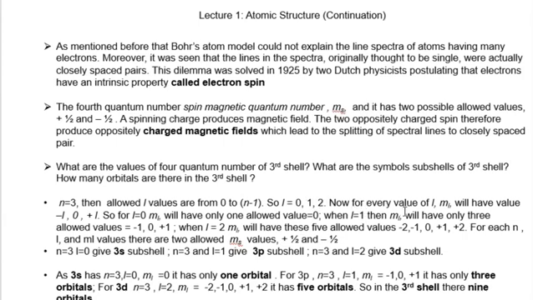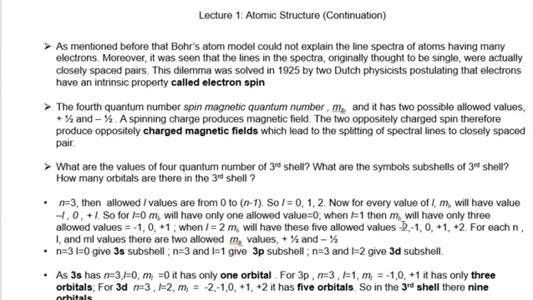Now, for every value of L, ml will have values of minus L, 0, plus L. So when L is equal to 0, ml should be 0 also, because minus 0, 0, plus 0 is the same thing. So we'll have only one allowed value, 0. When L is equal to 1, ml will have 3 values: minus 1, 0, plus 1.